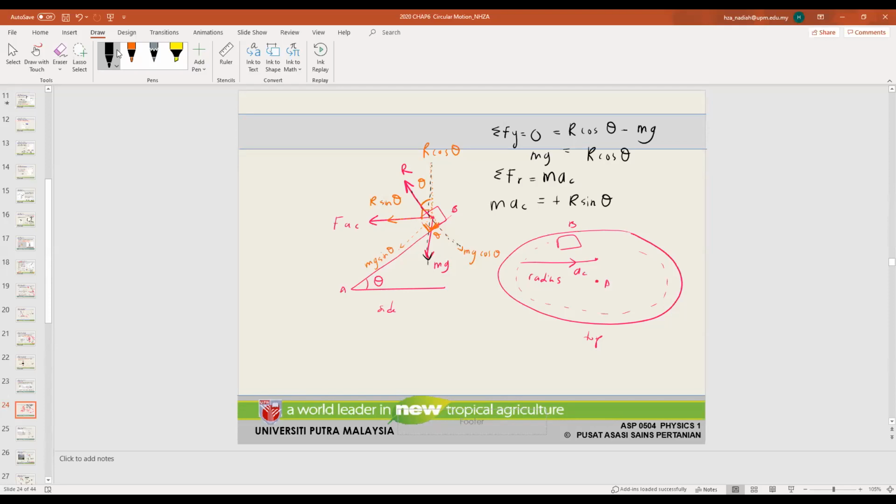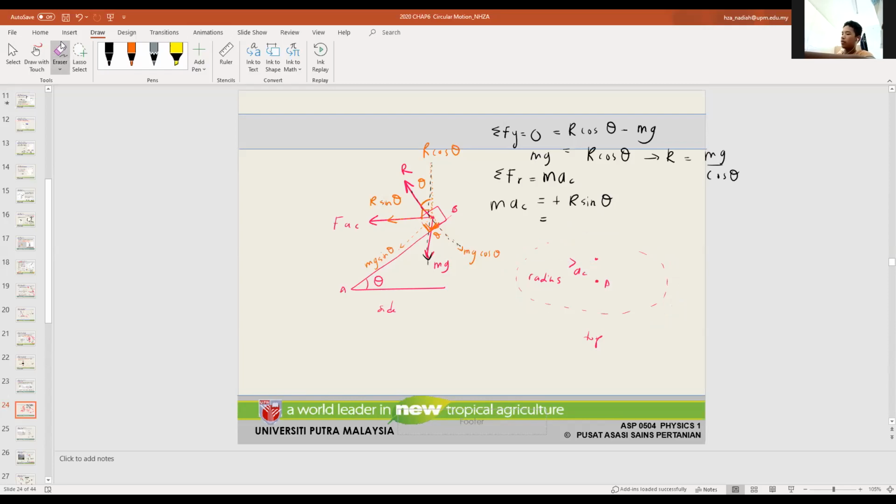R is equal to mg over cosine theta. Okay, I rearrange it: R equals mg over cosine theta, because I want to substitute it into this one. So now this becomes mg over cosine theta times sin theta.